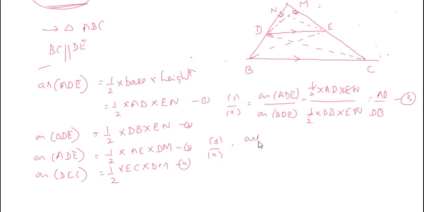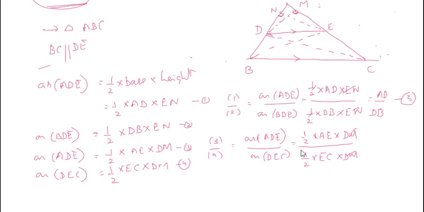Area ADE divided by area DEC is equal to half into AE into DM divided by half into EC into DM.